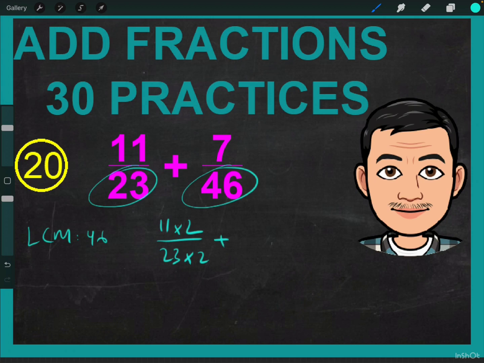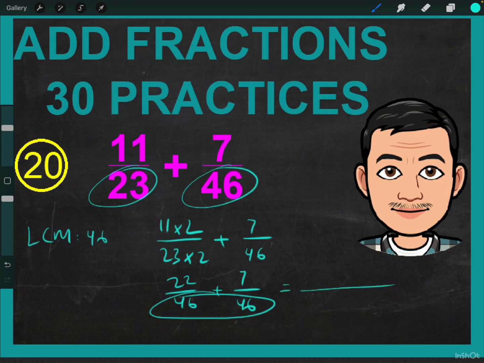The second fraction we just write again. The first fraction becomes 22 over 46, and then 7 over 46. Now they have the same denominator, so we just add 23 and 7 for the numerator, and we got 29 over 46. That's the answer.